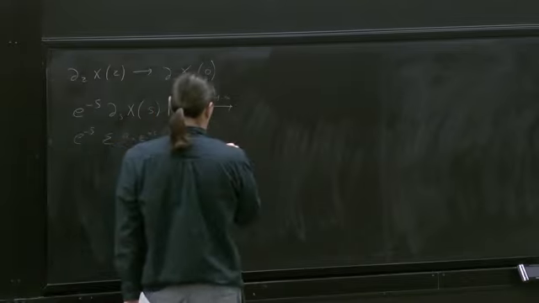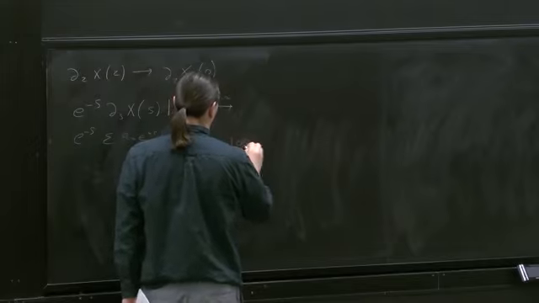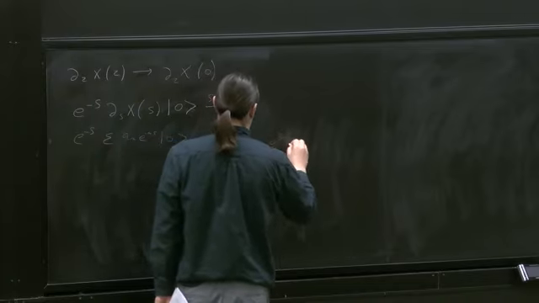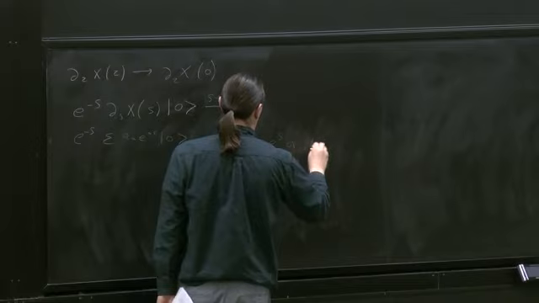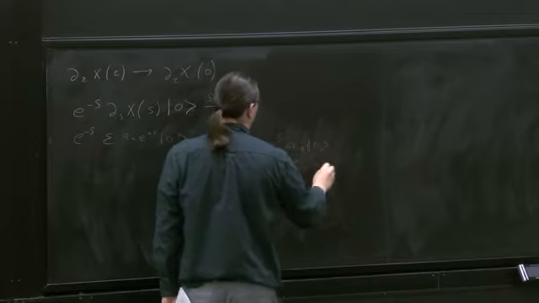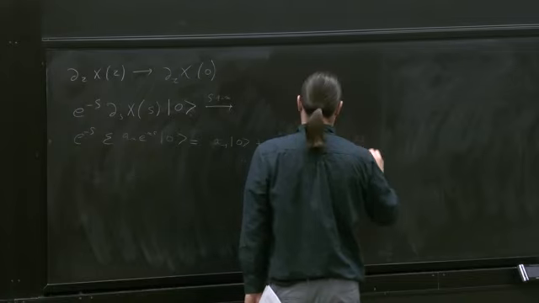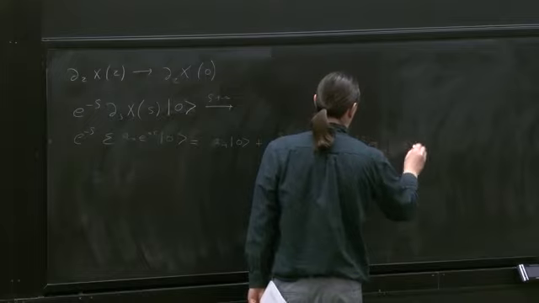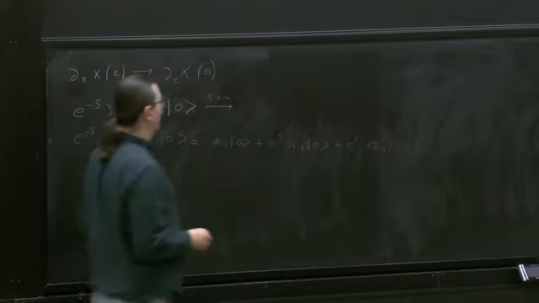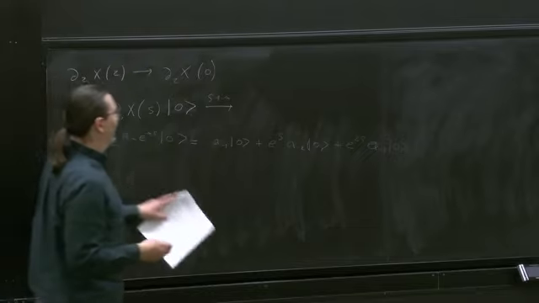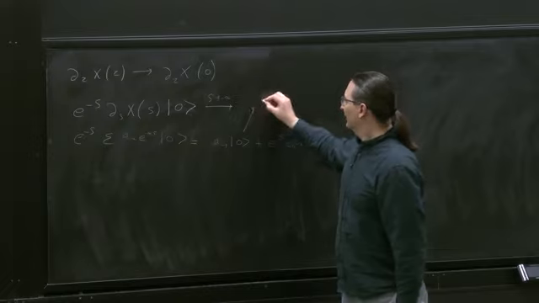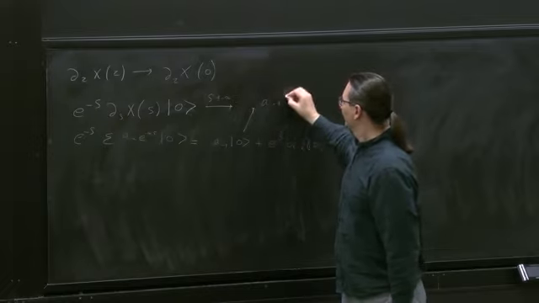I find an a minus 1 acting on the vacuum plus e to the s a minus 2 acting on the vacuum plus e to the 2s a minus 3 acting on the vacuum, and so on and so forth. As I send s to infinity, only the first term survives.